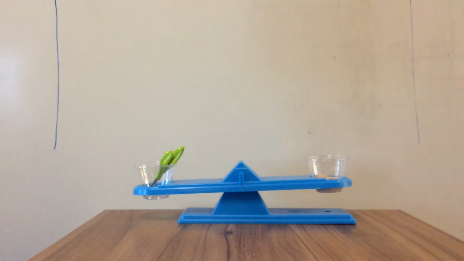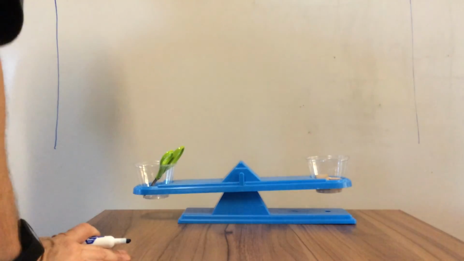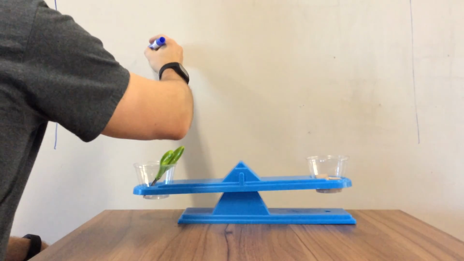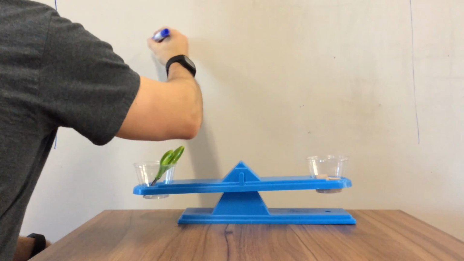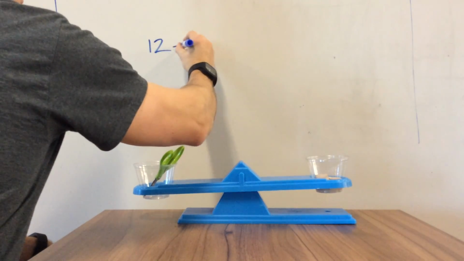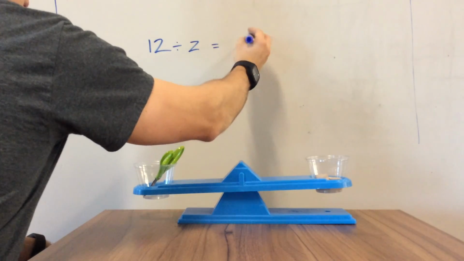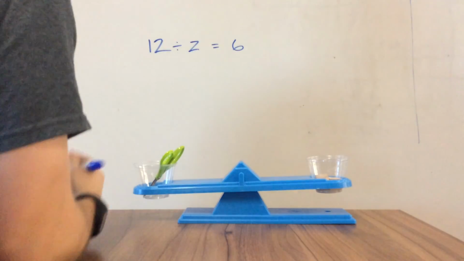That's about as difficult as it gets. The only other thing that I can show you is that division and multiplication work the same way, flipped around. So I could have something like 12 divided by z equals 6.